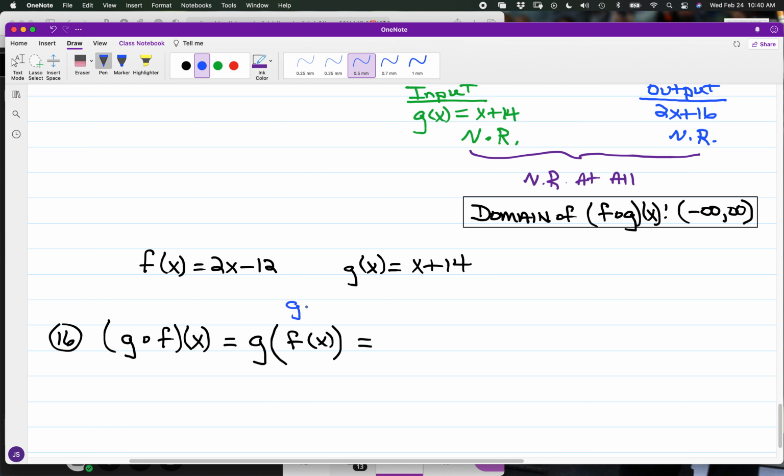So again, g of the input equals the input plus 14. Now with the input at f of x, so g of f of x will be f of x plus 14.